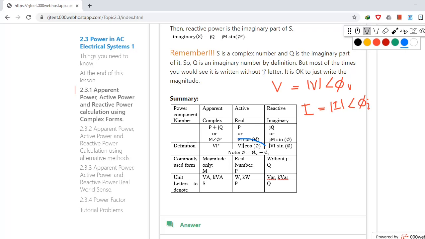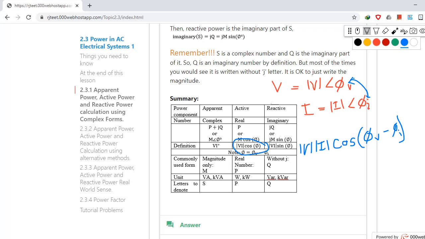You can use this equation here, and it's going to be V I cosine of the angle difference between these two, right? So that you can calculate using phi V minus phi I, right?